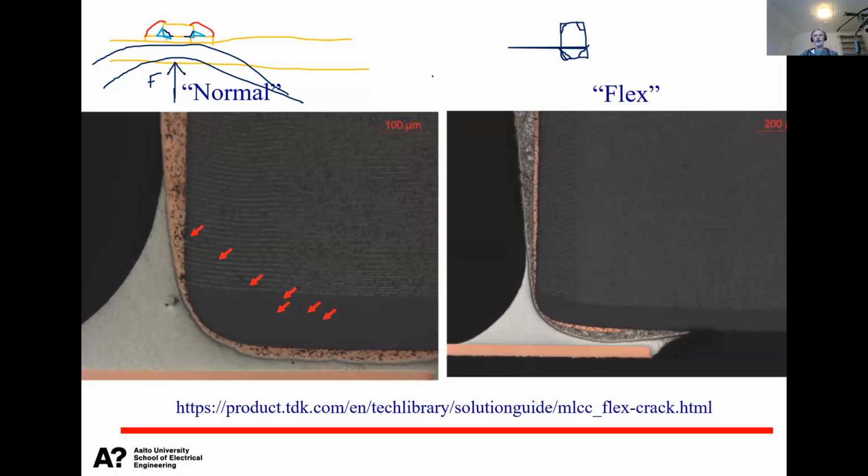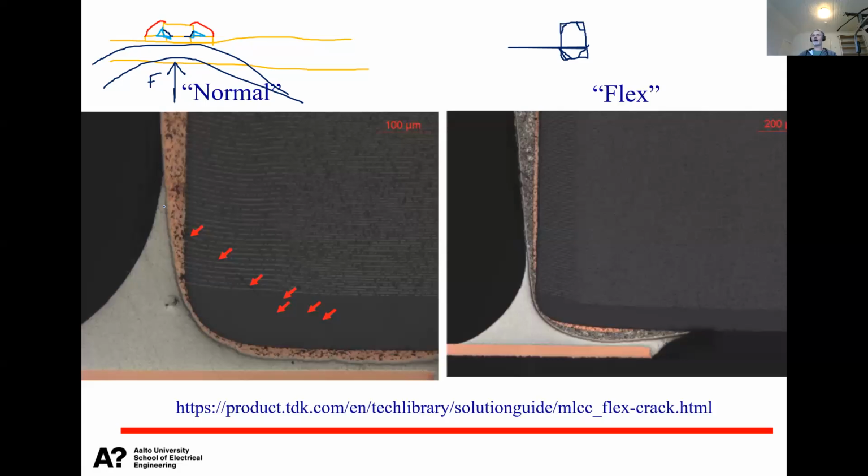Now when you have this kind of corner crack, then you only cut a small fraction of the capacitor plates, not all, which means that your capacitance value might just be decreased by a certain amount. So the electrical functionality will be changed.